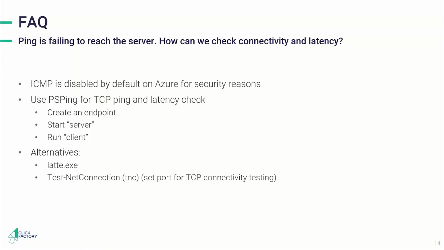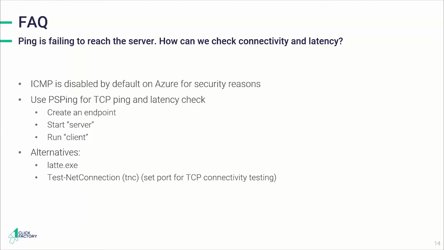Basically, what we use in our daily work is PsPing to test both the latency and the ping, basically the TCP ping. What you would need to do, and it would be the same for other software most probably, is create an endpoint for a specific port on which you are planning to do the ping.